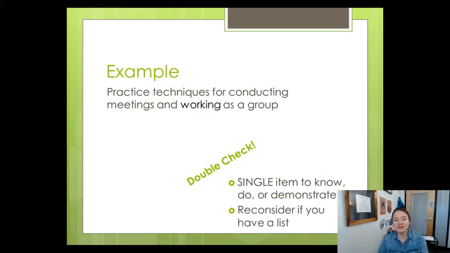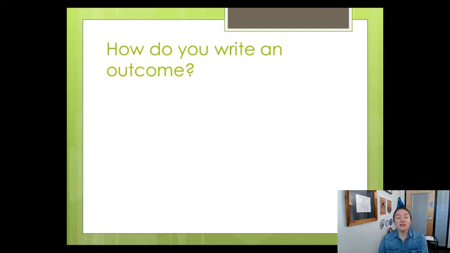In this example, you'll see there is an "and," that the student is practicing techniques for conducting meetings and working as a group. But I see that as one thing, because when you have a meeting, you are also working as a group. But it is an important question to ask yourself as you're writing these to make sure you don't end up with a laundry list of items in one outcome, because that makes it more difficult to assess.